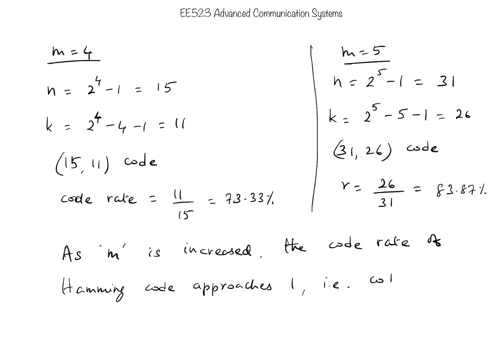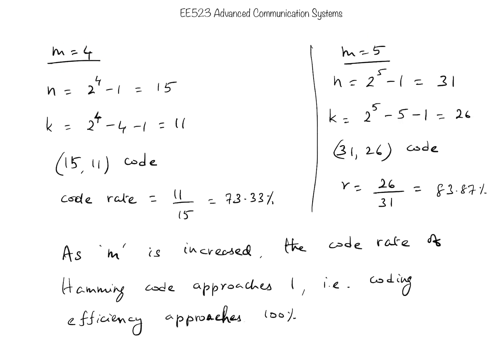That is, the coding efficiency approaches 100%. So we have a coding efficiency that is close to 100% as we increase the value of this m.